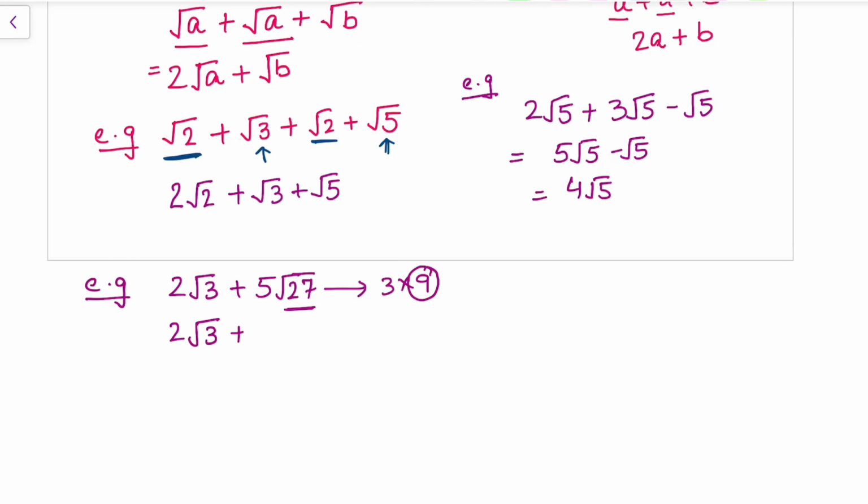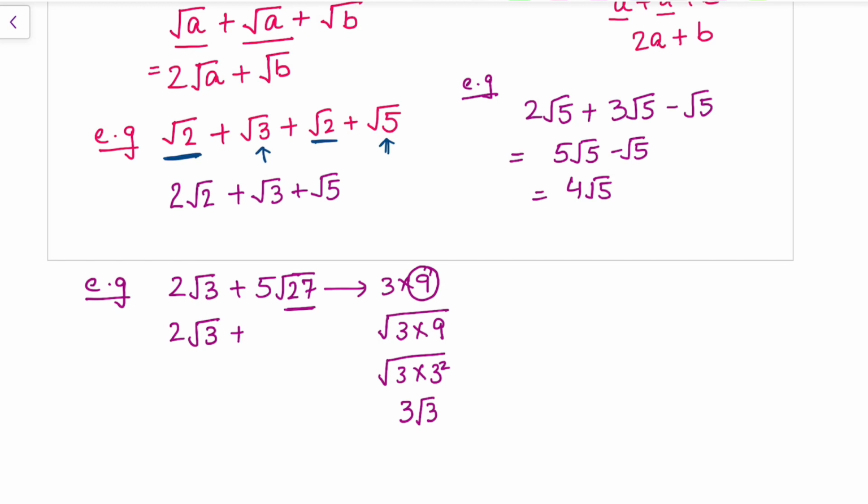So we can write it as square root of 3 times 9, and 9 can be written as 3 squared. In our previous video we have done that square and square root can cancel, so we can take 1 3 out, and it can be written as 3 root 3.